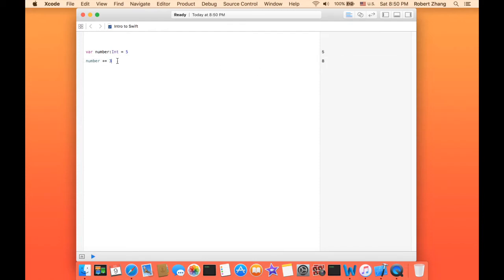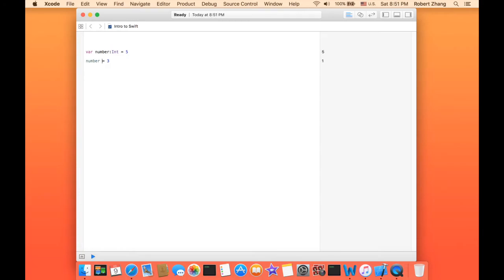So this is something that's found in a lot of computer languages, and Swift is no exception. If we want to subtract 3, instead of saying number equals to number minus 3, we can just say number minus equals 3. And if we want to divide by 3, instead of saying number equals number divided by 3, we can do number / equals 3.